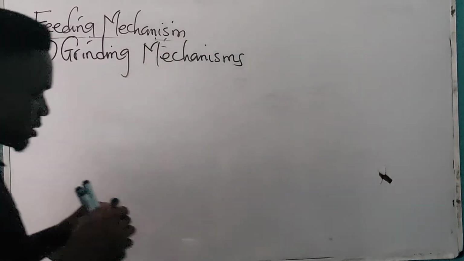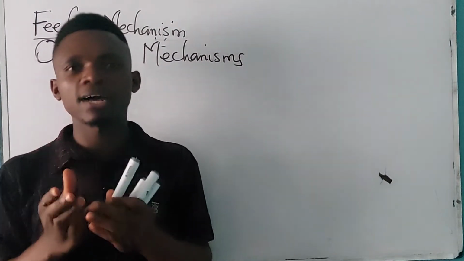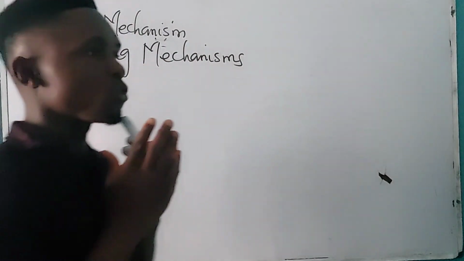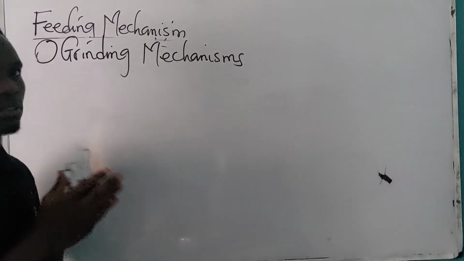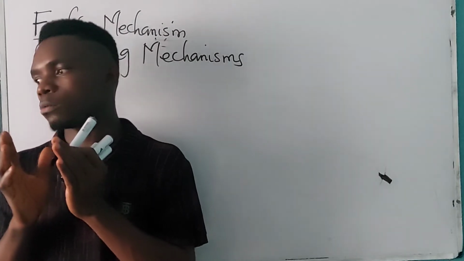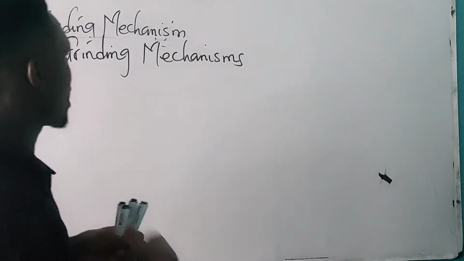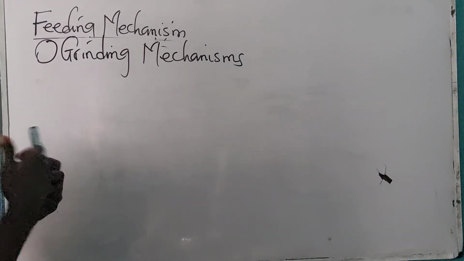Now, these grinding mechanisms are possessed by certain animals whose teeth are well defined. All right, they have a complete set of teeth. For example, goats, sheep, mammals like we humans. All right, there are so many cattle. Now, they have the grinding mechanism.